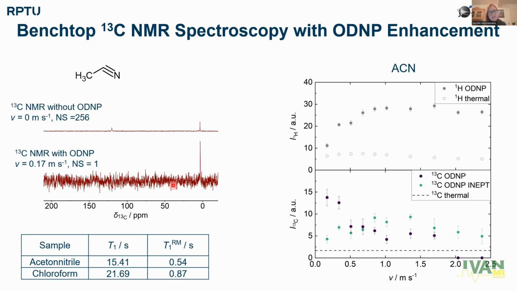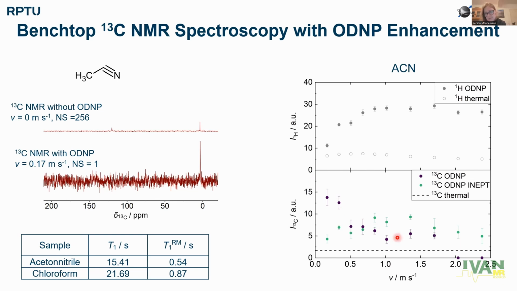And that's a 1-scan Overhauser DNP spectrum under continuous flow. Of course, the signal to noise is very, very minor here, because the enhancement values are not that high, but at least you can do it with single scan acquisition under continuous flow.